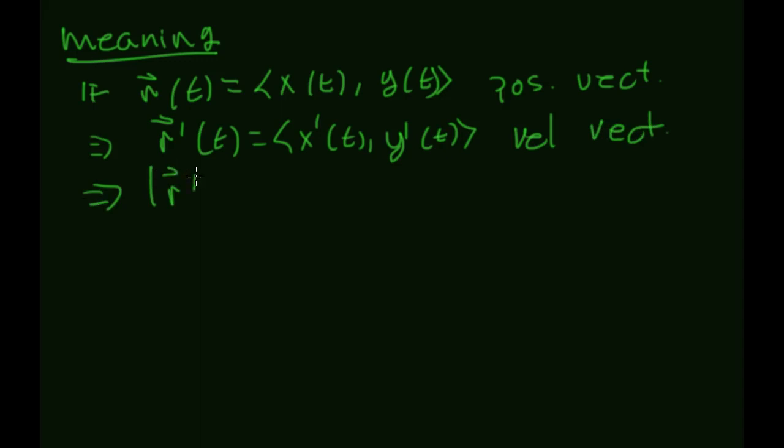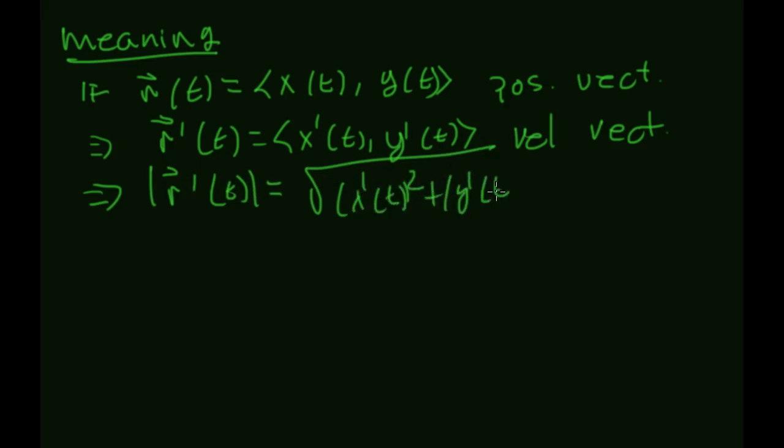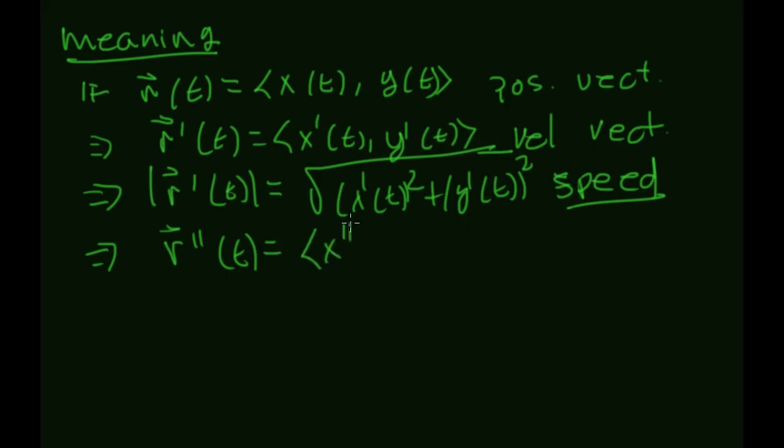If I take the magnitude of the velocity, which would be the square root of x prime of t squared plus y prime of t squared, this thing is what we call the speed of the particle. So this is actually going to give me back a number. That's the speed. And finally, if I were to take the second derivative with respect to t, I would get x double prime of t, y double prime of t.